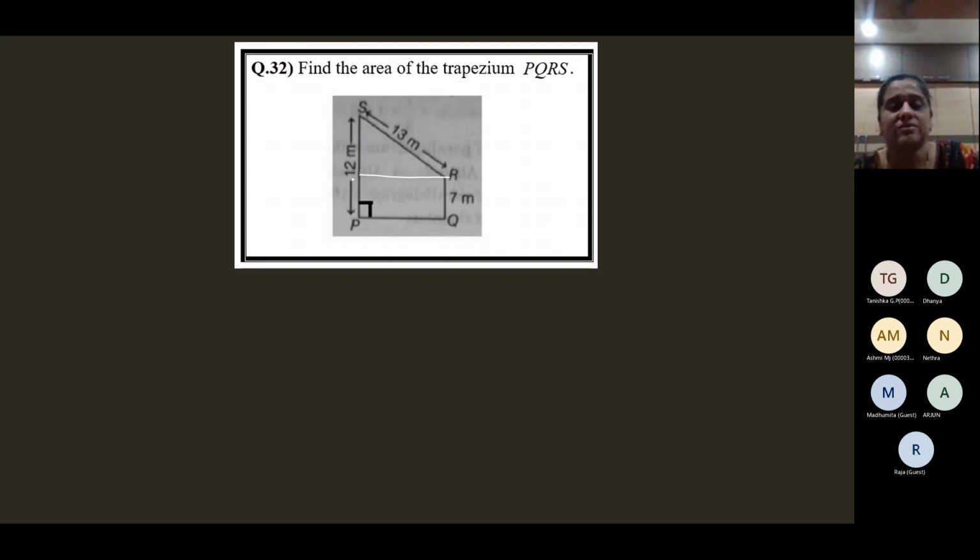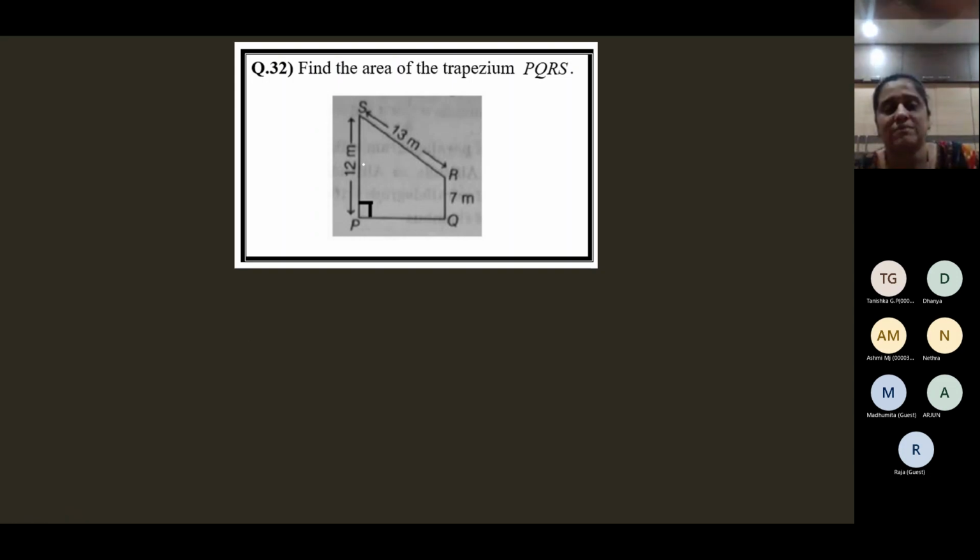This side, supposing this is T, ST is 5, because this one is 7. So 5 plus 7, 12. Now you can find RT using Pythagoras theorem. Once you find RT, that is PQ. RT itself is the height of the trapezium.